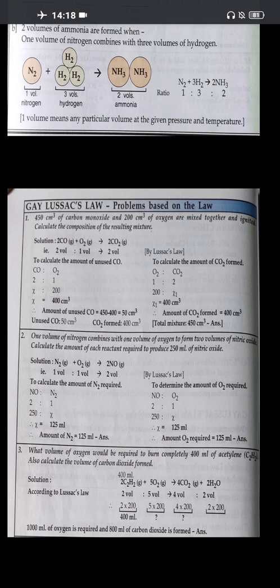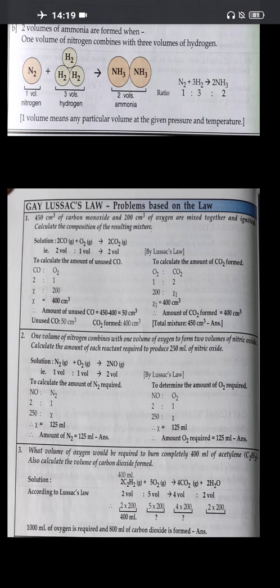It is very simple mathematics, a simple elementary method. Total mixture, how will you find out? 400 centimeter cube plus 50 centimeter cube, that is 450. So your answer is CO2 formed is 400 centimeter cube and the volume of unused carbon monoxide is 50 centimeter cube. You got to practice the numericals once, twice, thrice and read the questions very carefully.